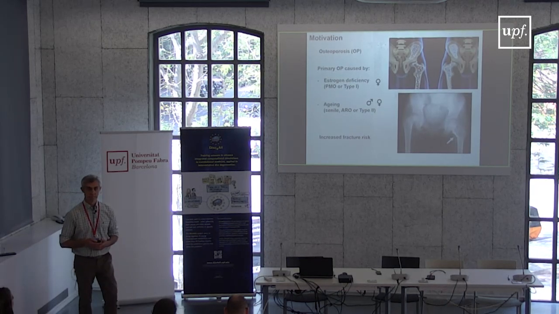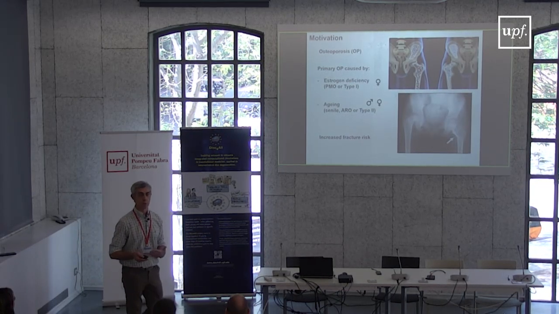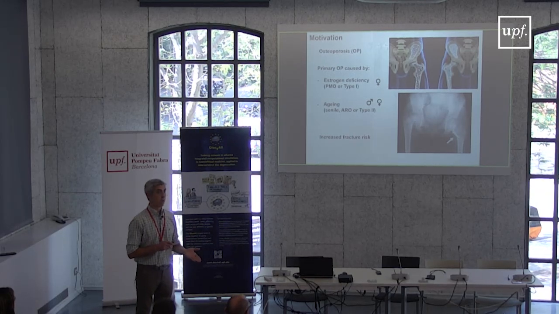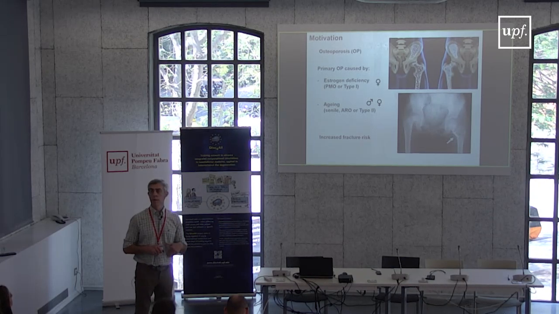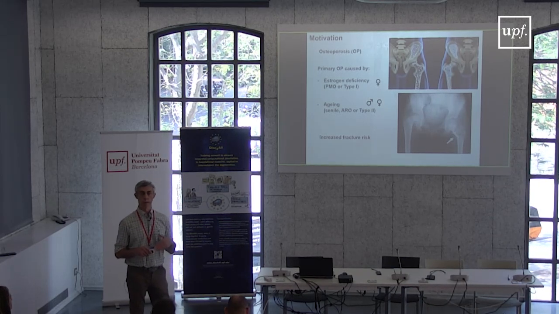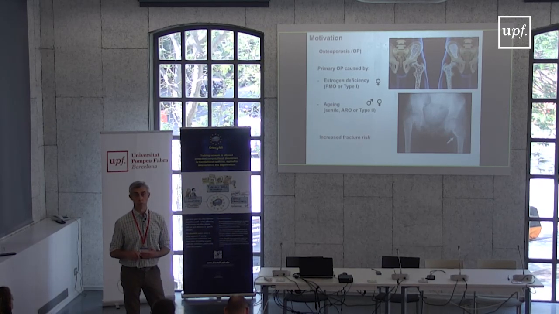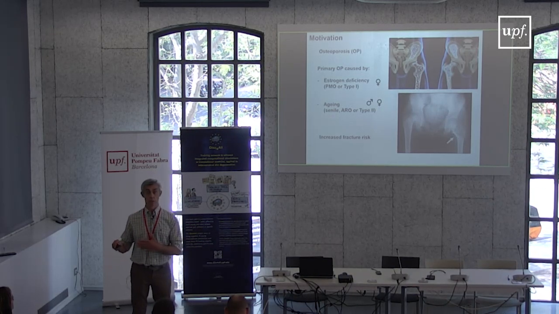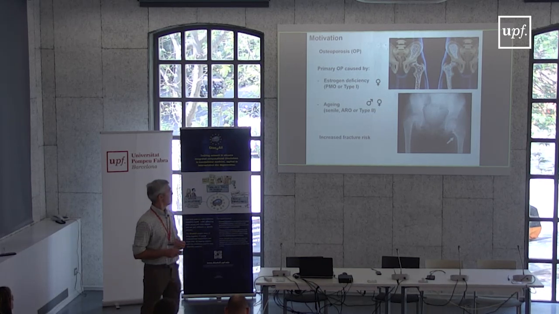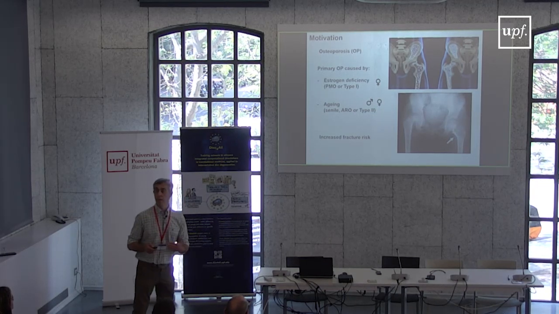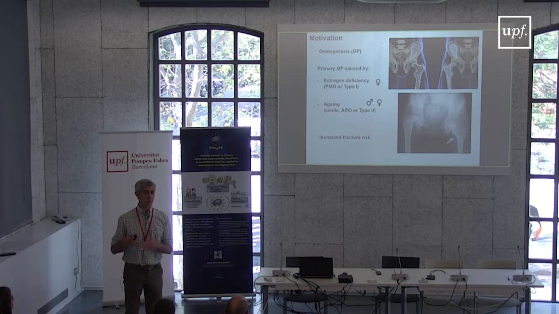So, motivation: osteoporosis, which is a generalized bone loss coming through age. Well, there are two types of osteoporosis. Secondary osteoporosis is a consequence of other pathologies, and I will focus on primary osteoporosis, which is a consequence of aging. There are two types of primary osteoporosis. Both are related to aging, but type 2 is only caused by senescence of cells.